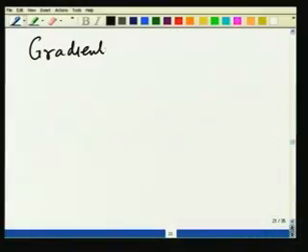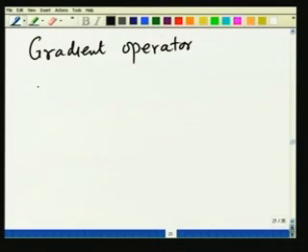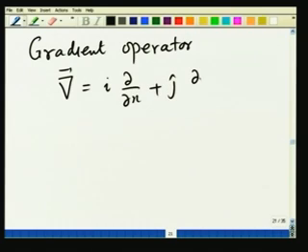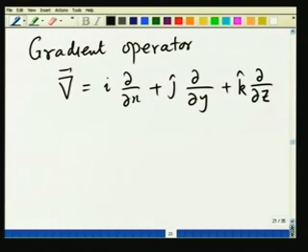This is known as the gradient operator. So, I have introduced a gradient operator. This is like the 3-dimensional analog of the 1-dimensional differential operator, d by dx, which I will write as i partial with respect to x plus j partial with respect to y plus k partial derivative with respect to z.